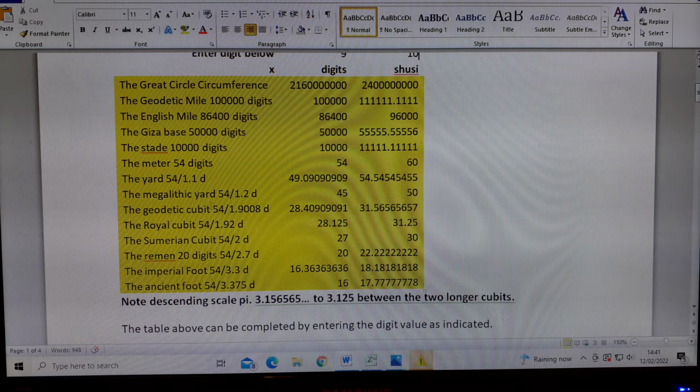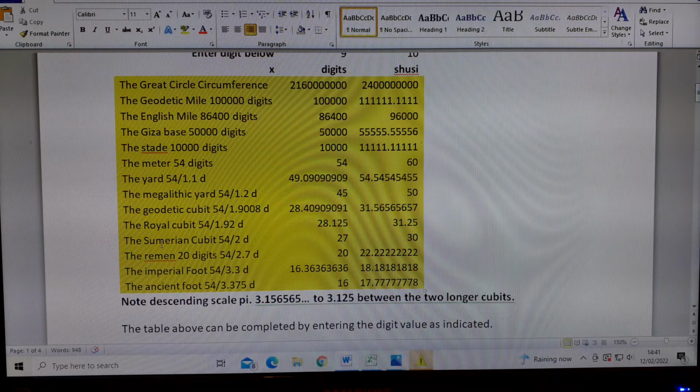So we've got all these cubits that we can derive from Berriman's work. The royal cubit is 54 divided by 1.92. The geodetic cubit, obviously different, 54 divided by 1.9008. And the Sumerian cubit is the meter divided by 2.